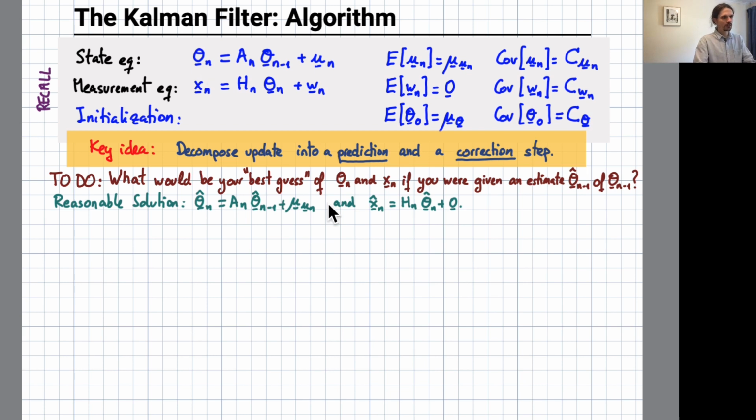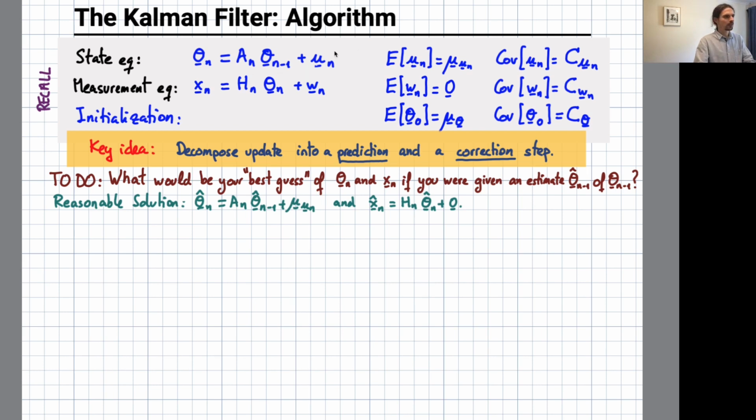To that end, we just use the same logic as we discussed in the first part of the lecture. Note that theta n is given by this expression. If we didn't know theta n minus 1 and un at all, perhaps our best guess would be the mean of this plus the mean of this.